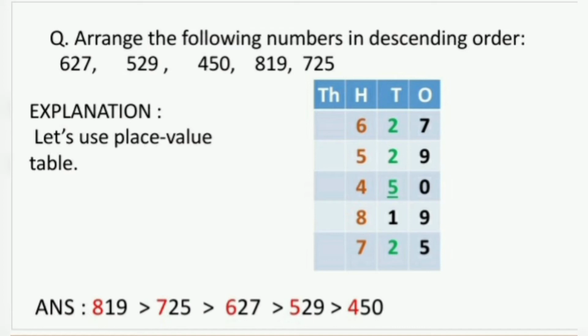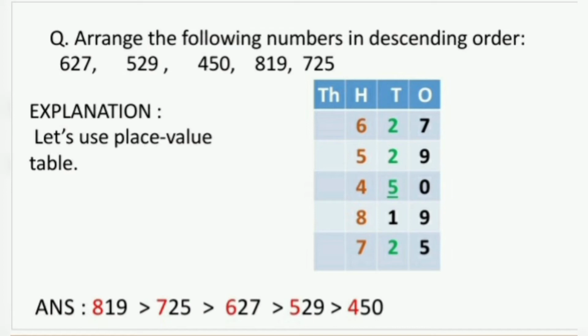Okay, the numbers given are 627, 529, 450, 819 and 725. First thing you need to do is write the places for the numbers given, and you can see the table given there where the numbers are written in the specific column.